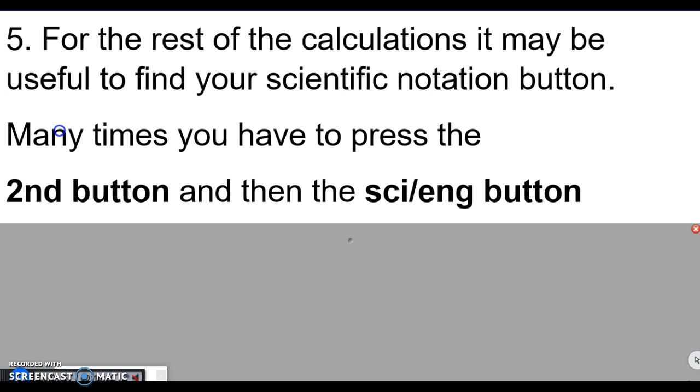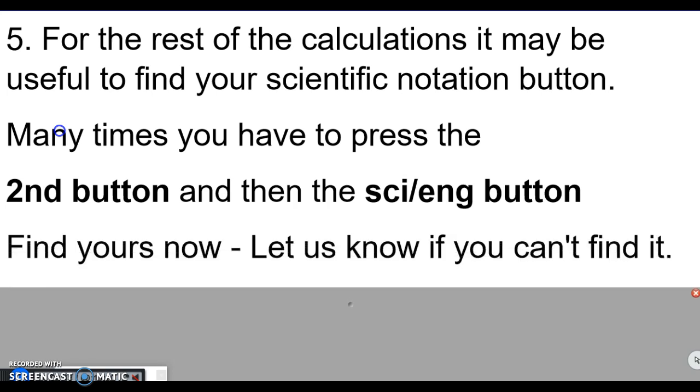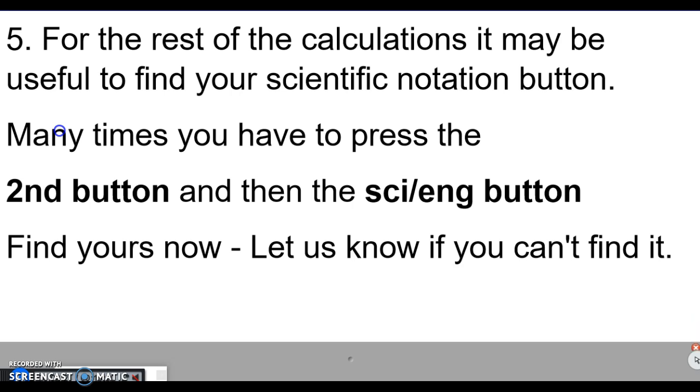So you'd push the second button and then you would push the SCI/ENG. If you have some older calculators or some calculators that are not the variety that we have in classroom, you might have to search around for that scientific notation button. Find yours now and let your teacher know if you were in class if you could not find it. If you can't find it ever, you're definitely going to have to come in for some assistance.